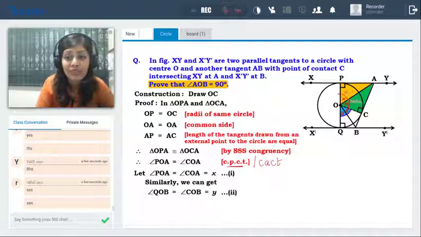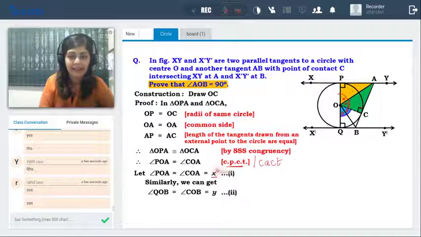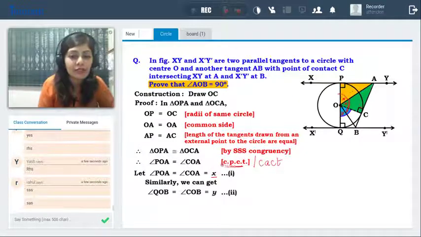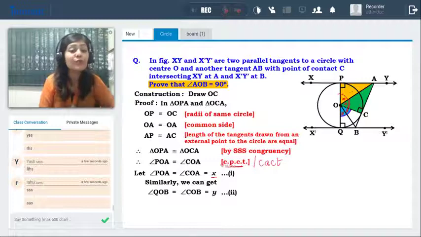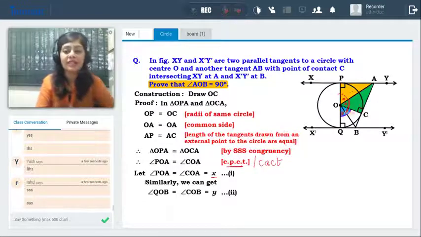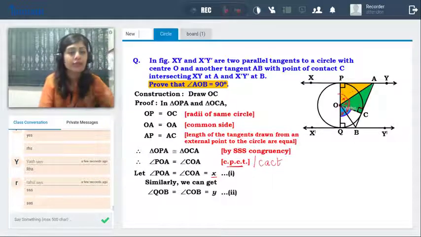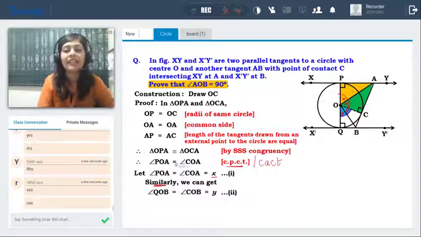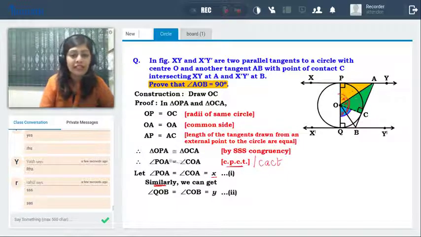So I can say these two angles are congruent, let them be X. Now students, we have a very beautiful concept in geometry. If you need to prove two other triangles congruent the same way, if you need to repeat the same steps for some other figure, you can directly say similarly. This is the magic word, say similarly. We can get COB congruent to QOB.